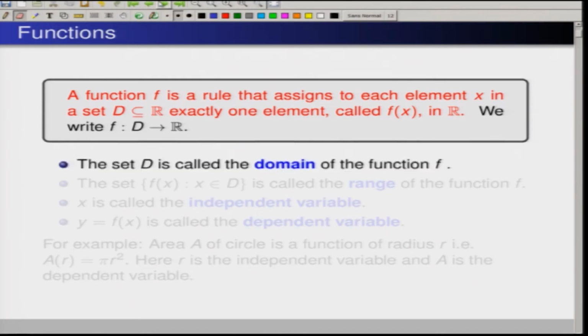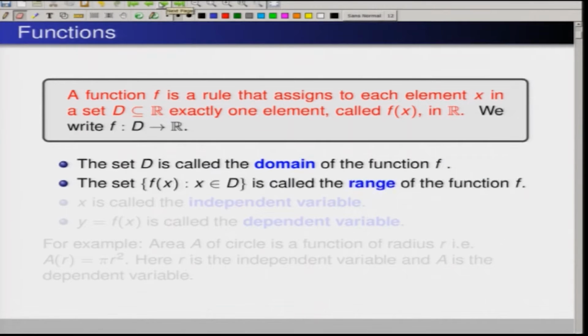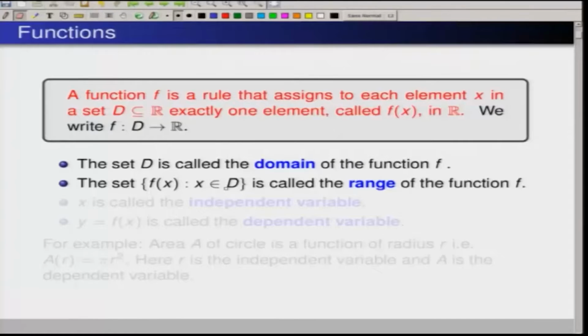Now, the set D, where each element of D has been assigned one number, is called the domain of the function f. And if I collect all those f x for x in D, this is going to be a subset of R. This we are going to call the range of the function f.